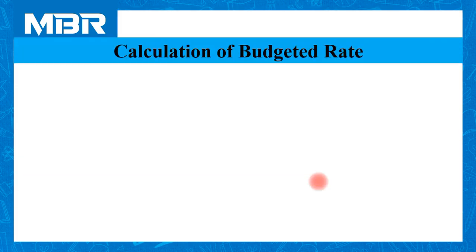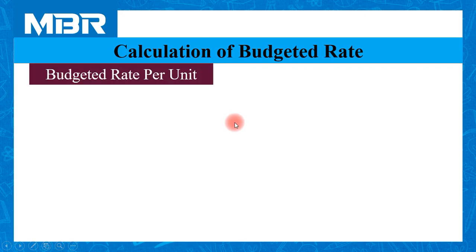As you all know, the first and foremost calculation that we need is the budgeted rate. We used to calculate budgeted rate for output, hours and day. But let us check what to do with this question.